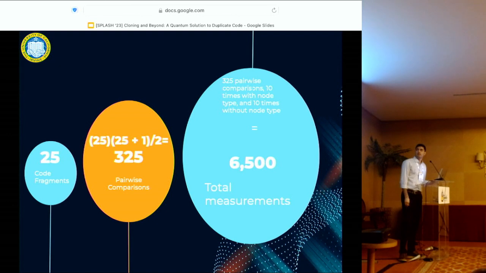And because we developed 2 DQM formulations, one with node type constraints and the other without node type constraints, and we performed all those experiments 10 times to make sure that we're getting good results, a total of 6,500 times we measured our algorithm.